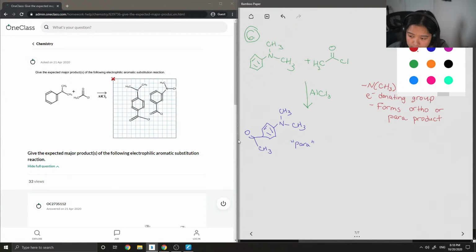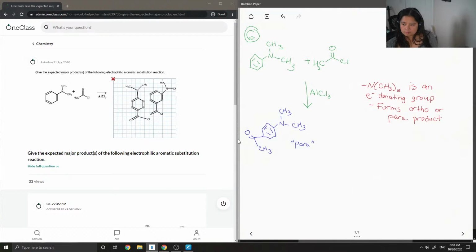Then I'll do an ortho product in red. Okay, so this is the ortho product.